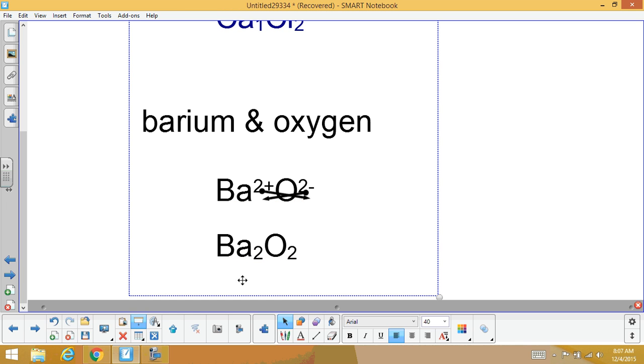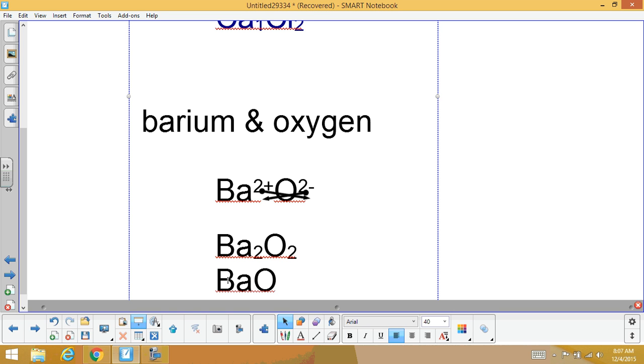The final answer can be either Ba2O2 or BaO. Either one works. We reduce the 2 and 2 because they have a common factor. So either one of these work.